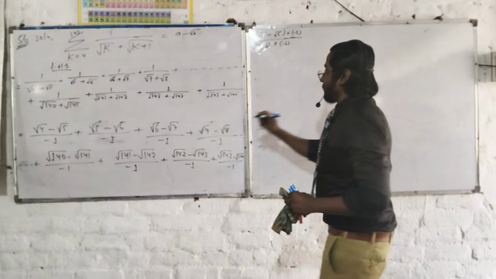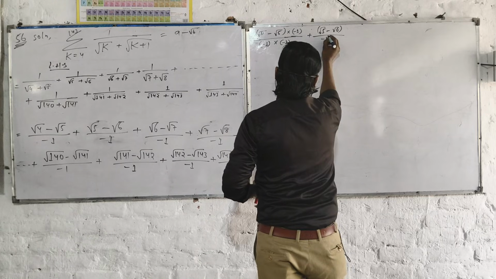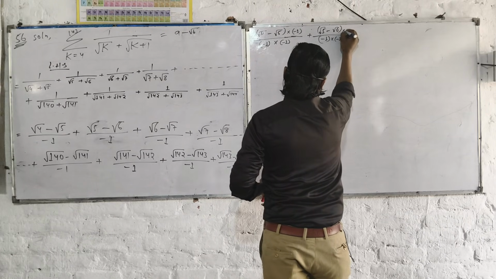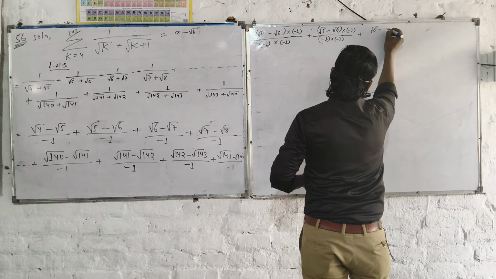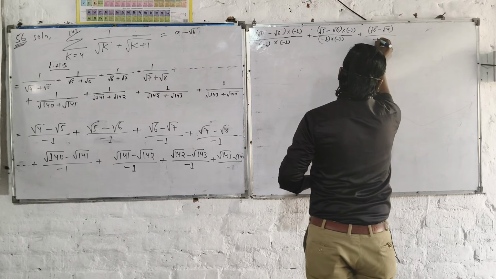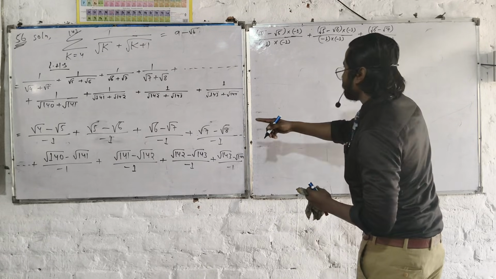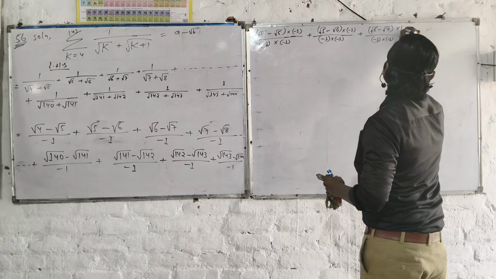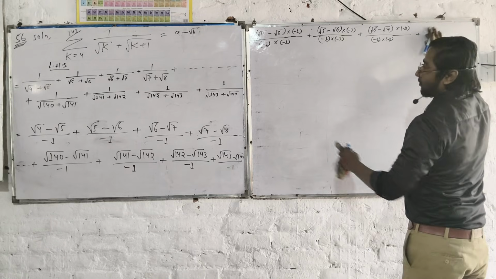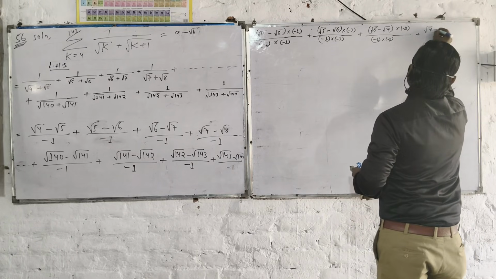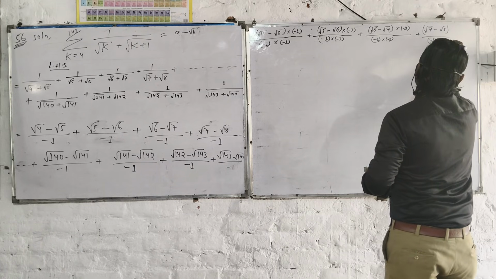Okay? Now, second term. Root 5 minus root 6 by minus 1. You tell me. Multiply minus 1, plus next, root 6 upon minus 1.